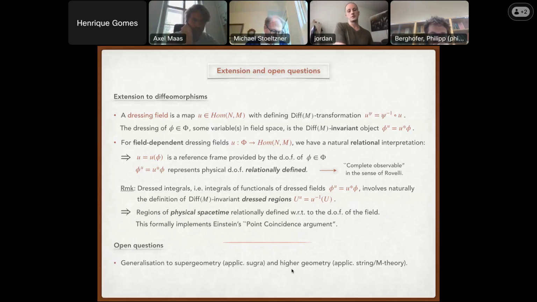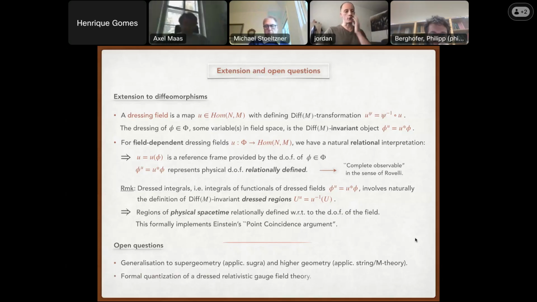For example, the generalization of the method to supergeometry with application to supergravity, or to higher geometry for application in string and M theory, which is replete with models with various symmetries, and it's sometimes very hard to understand what is really physical and what is a formal artifact. So it would be nice to have a generalization of the dressing field method to those contexts, which would provide a lens through which to analyze the possible physical content of those theories.